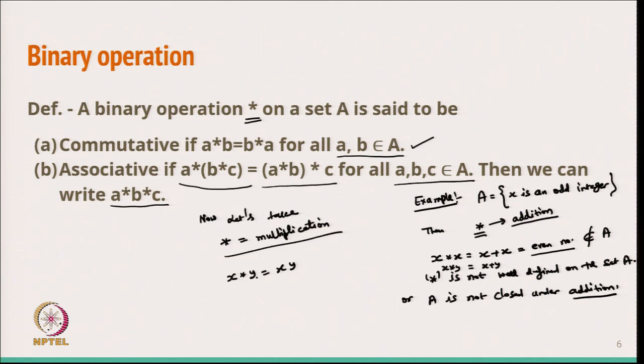Now, x is odd and y is odd. A simple multiplication of an odd integer by an odd integer is again an odd integer, because 3 times 3 is 9, 1 times 3 is 3. So odd multiplied by odd is going to be an odd integer. In this case this belongs to A.